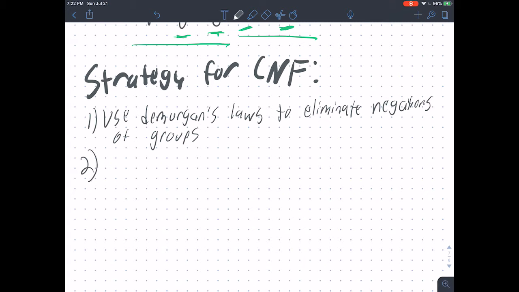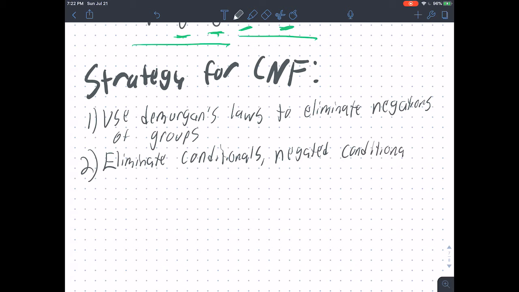And then the second step is we eliminate conditionals, negated conditionals, biconditionals, negated biconditionals.